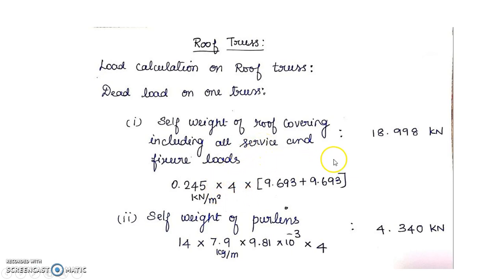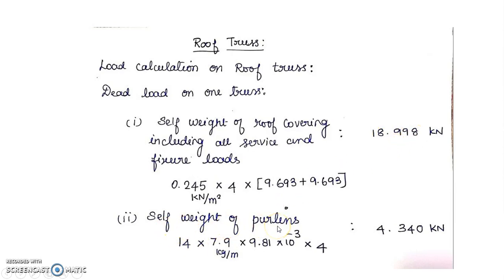Then I multiply with the corresponding tributary area, where 4 is nothing but spacing between the truss, and this 9.693 is nothing but the length of top chord on one side. I have windward direction as well as leeward direction. So put together, I get the total load coming from the roof covering material is 18.998 kilonewton.